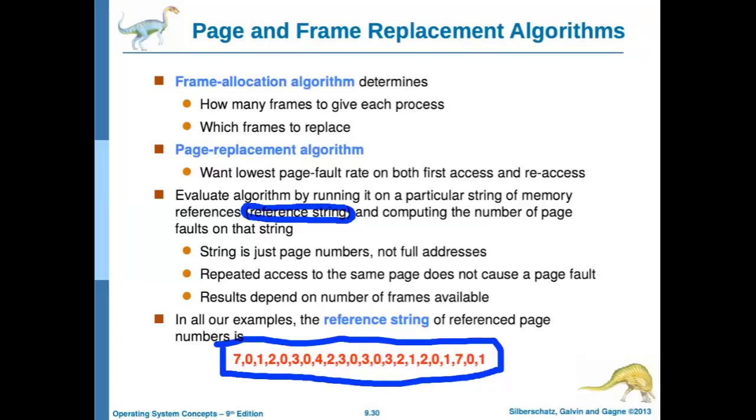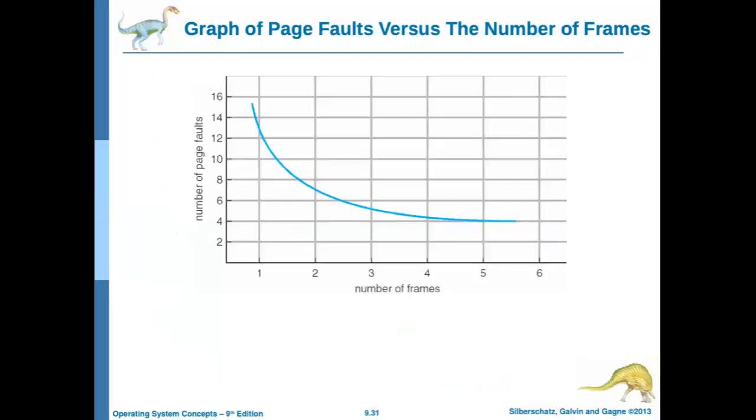Now what we expect is something like this: the number of frames allocated to that process versus the number of page faults. This is quite obvious.